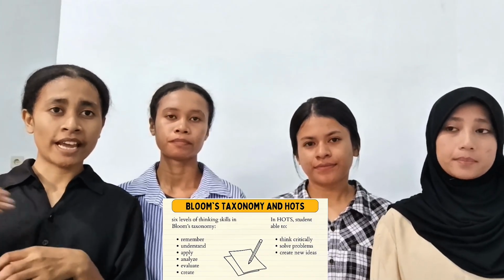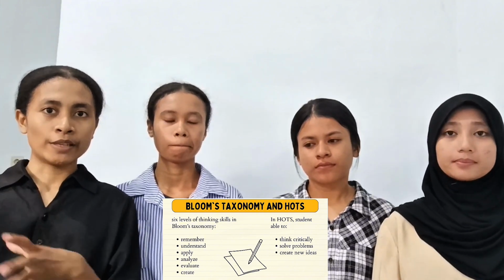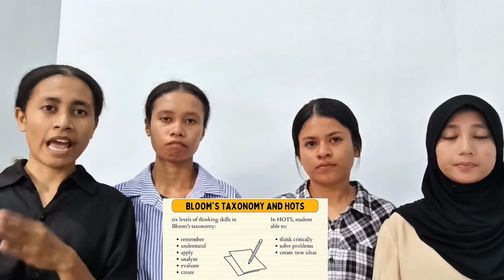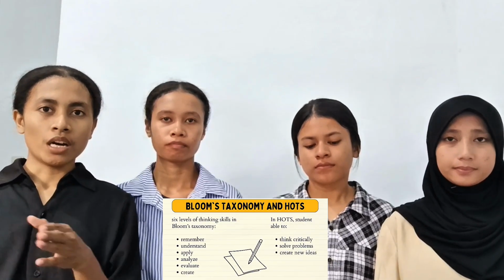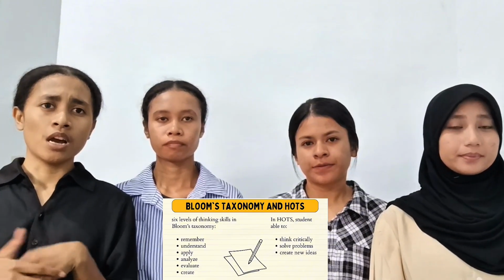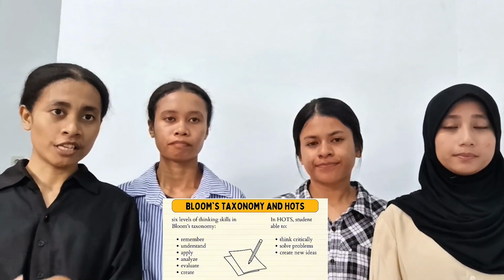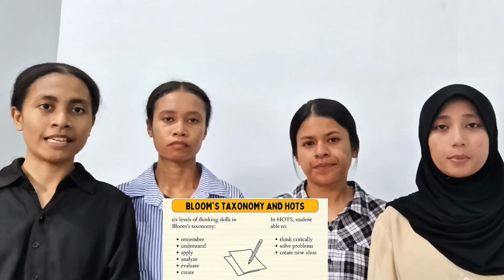After that, students can analyze how the words are used, evaluate whether the sentences are correct, and create a short story. So using Bloom's taxonomy and HOTS helps students not only remember the material but also develop critical and creative thinking skills in the learning process.